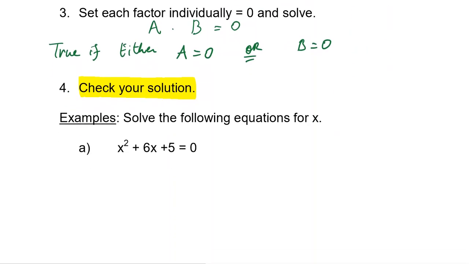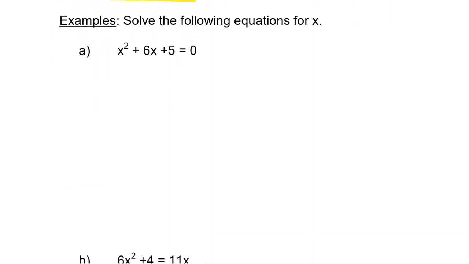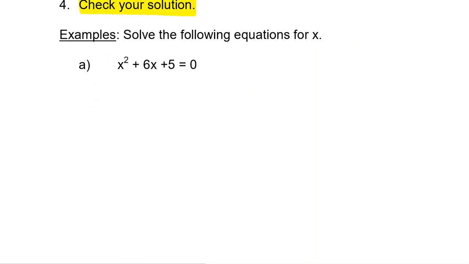First we have: solve the following equation for x, using the factoring method. Previously we learned that whenever we factor a quadratic expression whose leading coefficient is 1, we look for two magic numbers such that the product is c and the sum is b.